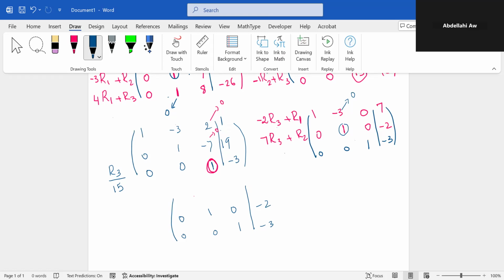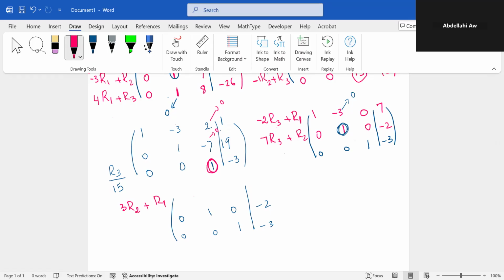To make this -3 become 0, I must use this one right here. It's my new pivot. What am I going to do? I'm going to multiply the pivot row, row number 2, by the opposite of -3. So 3 row number 2 plus row number 1.